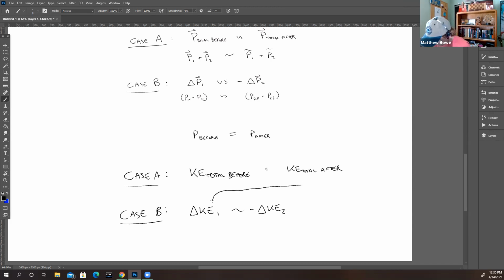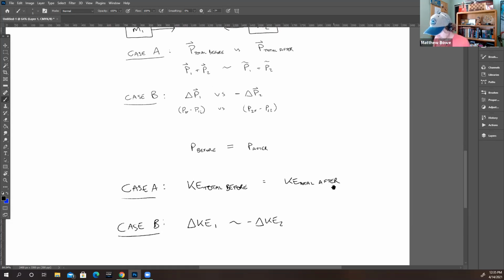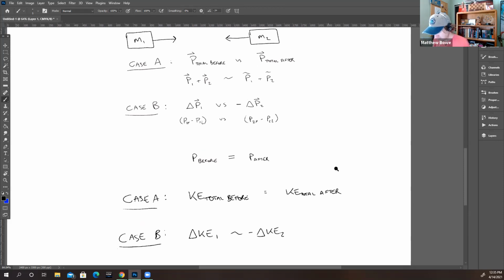Again, whichever kinetic energy is lost from one car is then given to the other car that it's colliding with. That's why I'm putting this negative sign. Okay, so there are two cases for both kinetic energy and momentum.